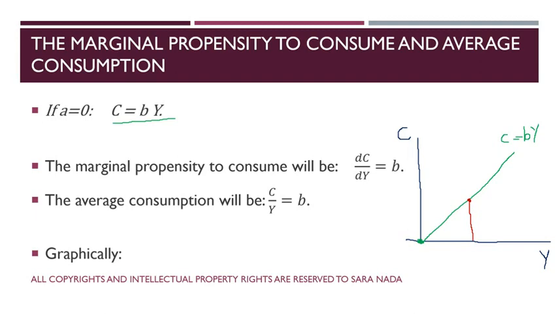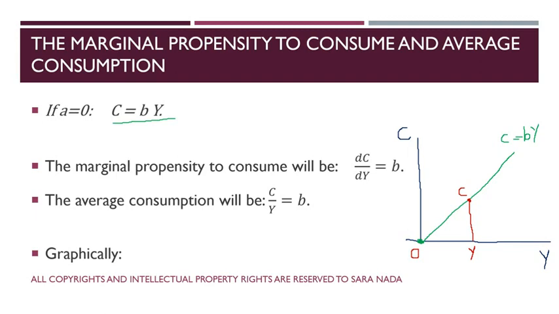So the slope is just this triangle here. So this is the slope. This triangle is representing the slope of the consumption function C equals BY. Okay?